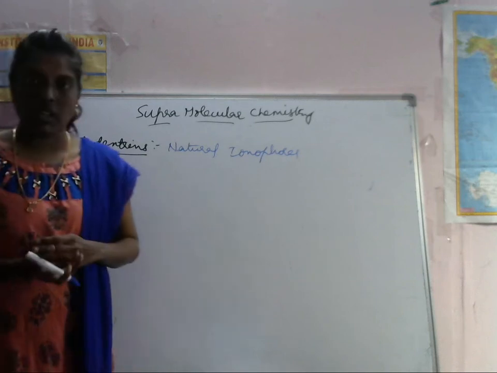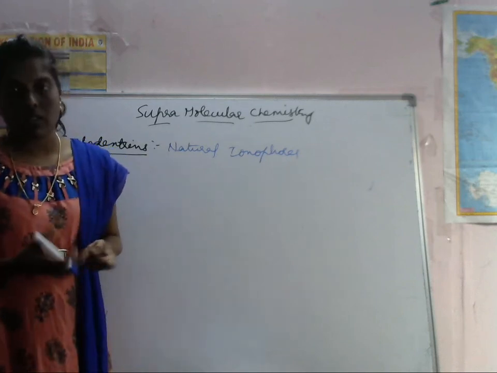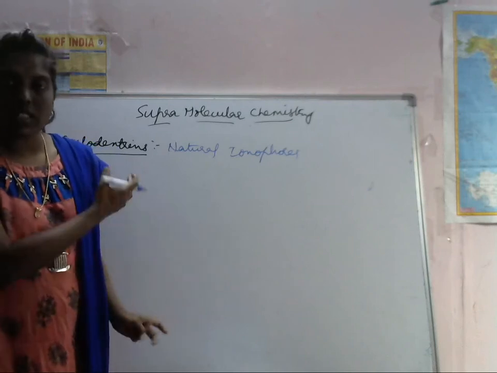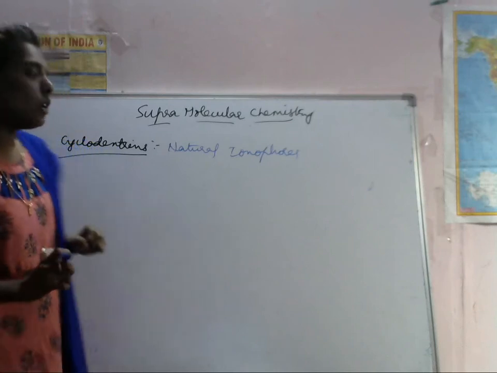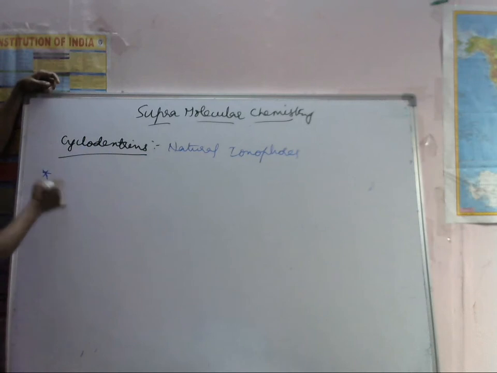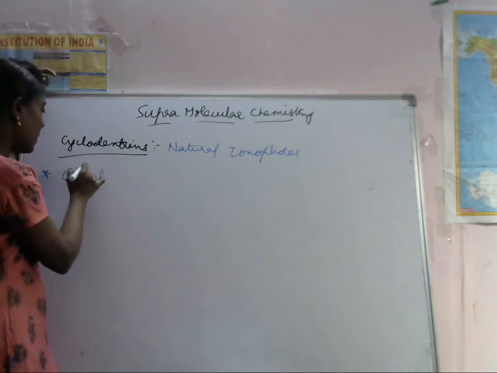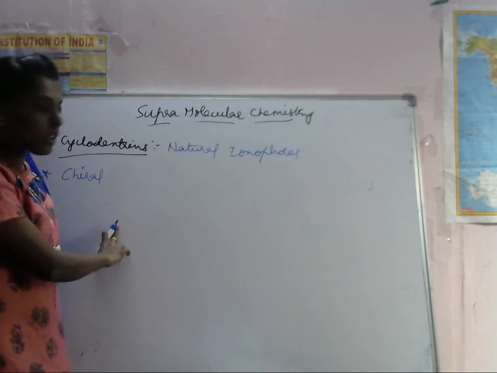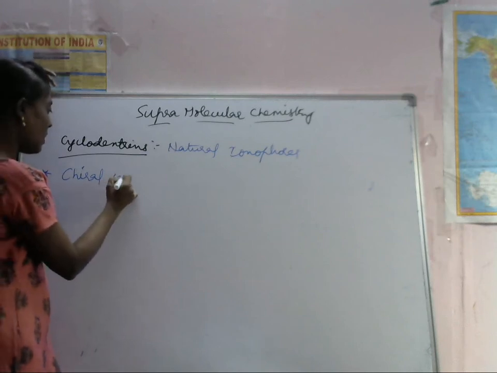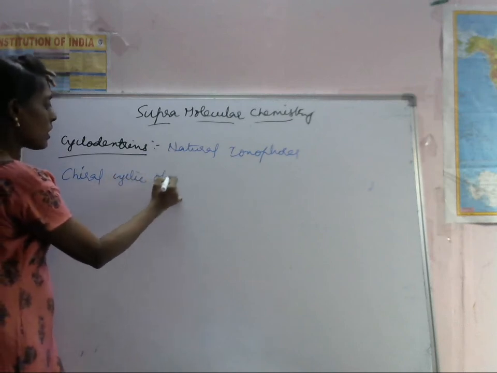Actually, we have seen oligosaccharides, which are carbohydrates. These have a carbohydrate moiety. Chiral nature means chiral carbons will be there, and here chiral cyclic oligosaccharides.